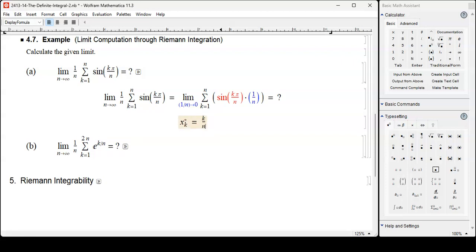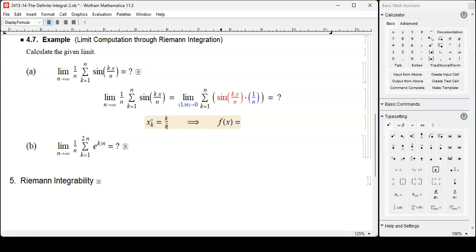Use k over n. You have to have a k expression, so some k expression is necessary, but most of the time it's k over n. We need n down here, as you see down here. How does it help?